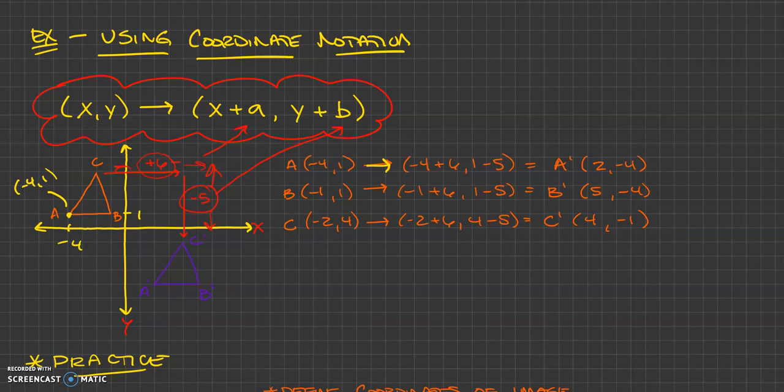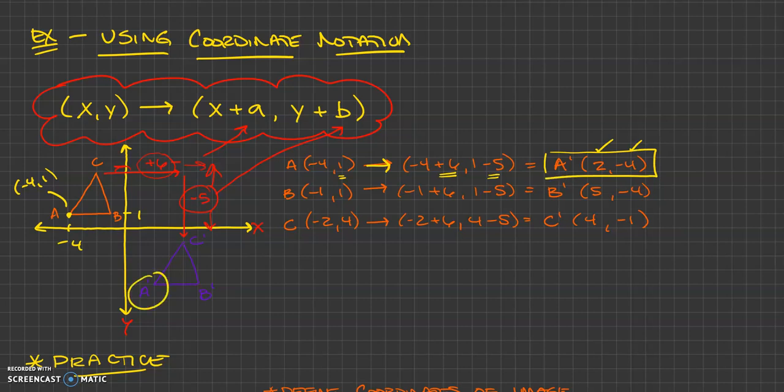And what have I done with -4? I have added 6. What did I do with the 1, my Y value? I subtracted 5. So basically, I added a -5. That's where the negative comes from. So -4 plus 6 is 2, +2, and 1 minus 5 is a -4. So this would be the location of A prime.